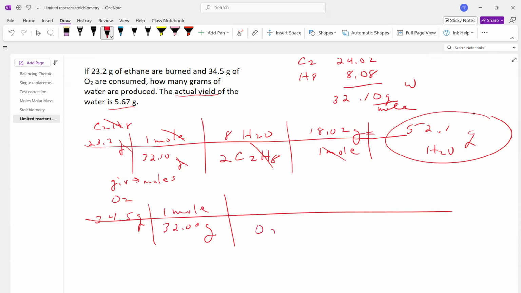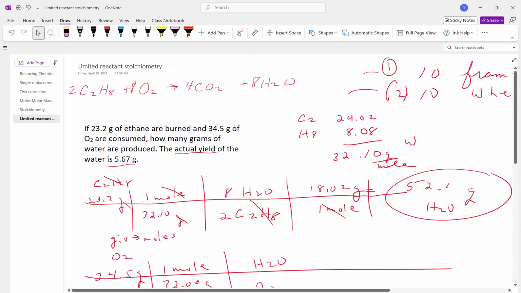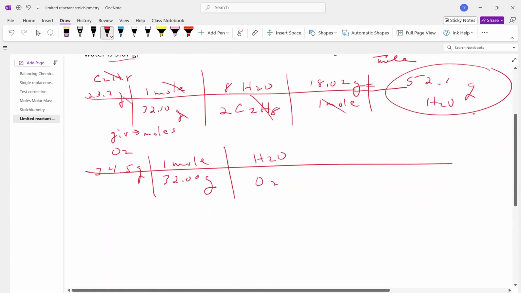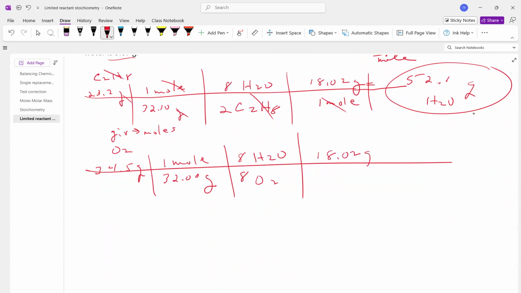The ratio of oxygen to water in our balanced equation is 8 to 8. And then water again is 18.02. So grams cancel, oxygen cancels, moles cancel, and what's left over is grams of water.